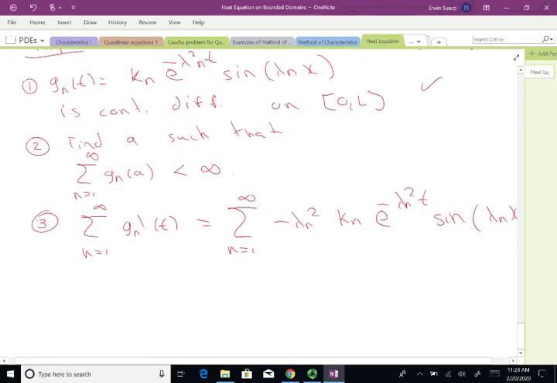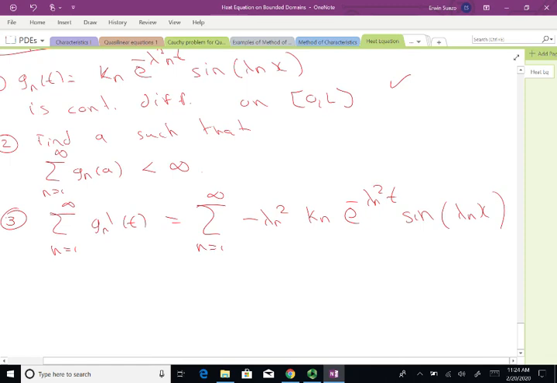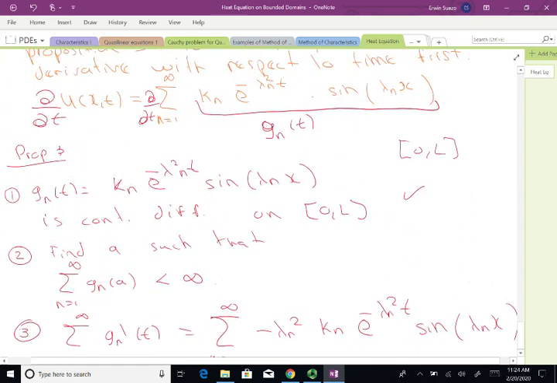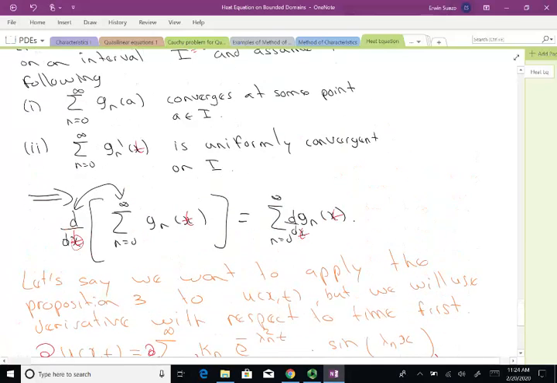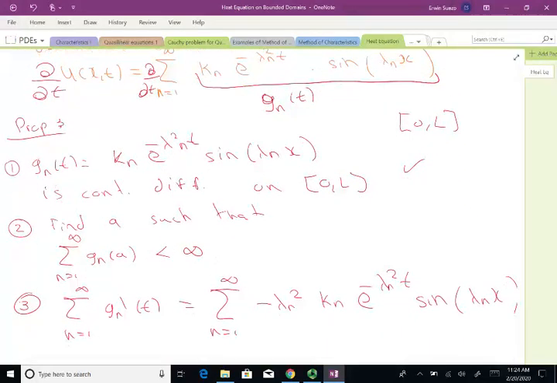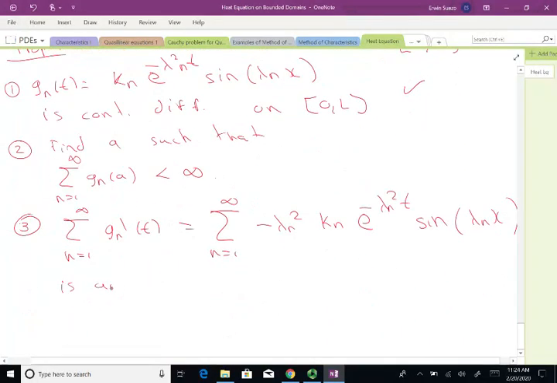So you need to prove that this is uniformly convergent.